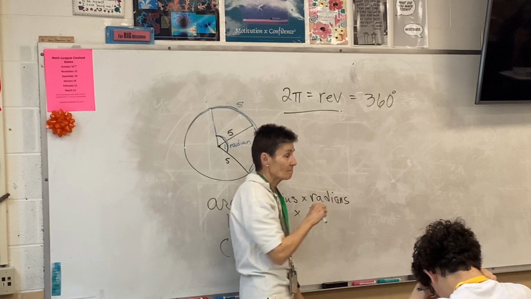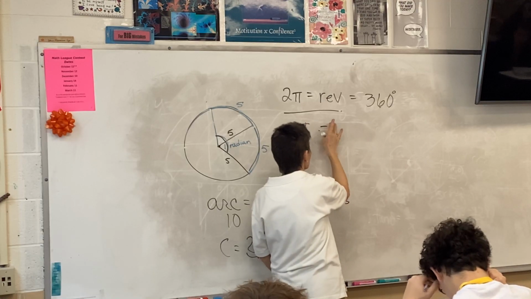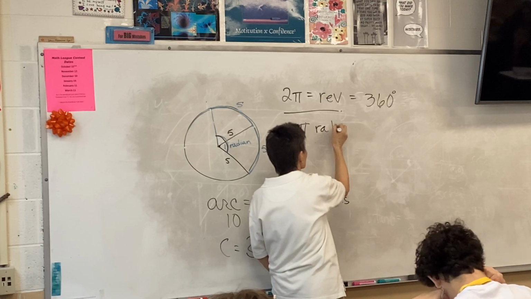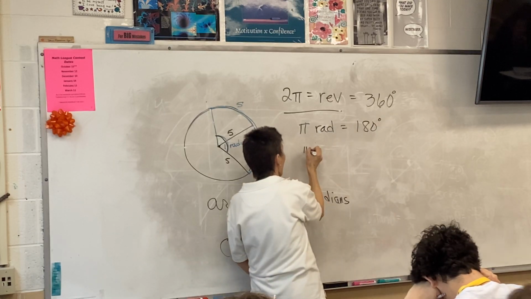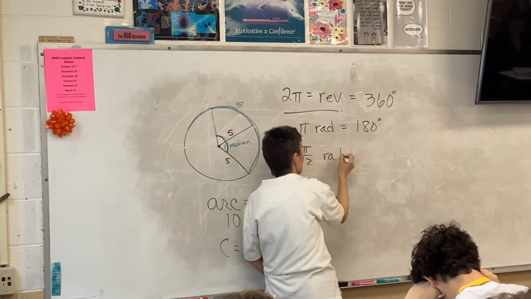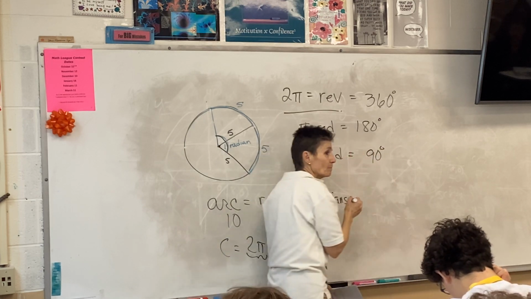Does that make sense? And what about pi radians? Pi radians will be the same as 180 degrees. And what about half a pi radians? That would be the same as 90 degrees.